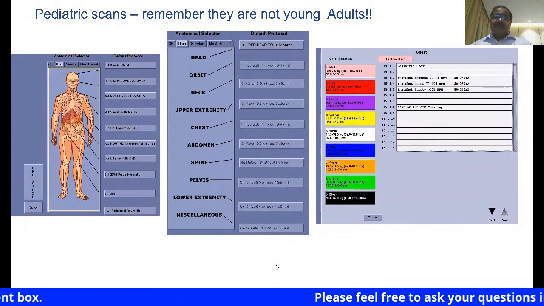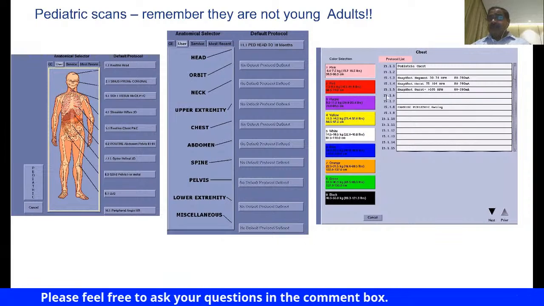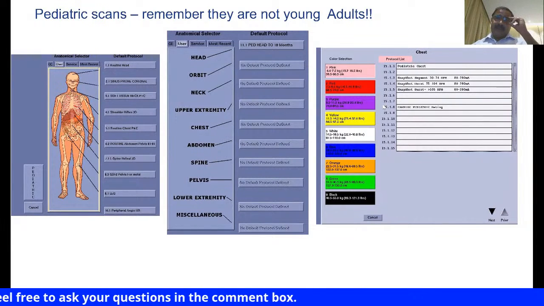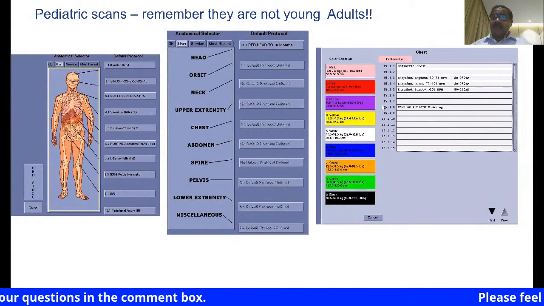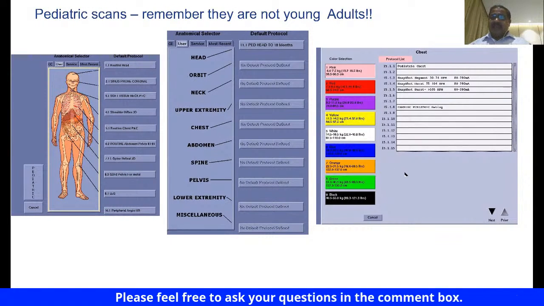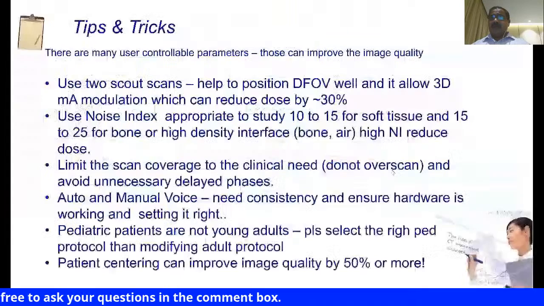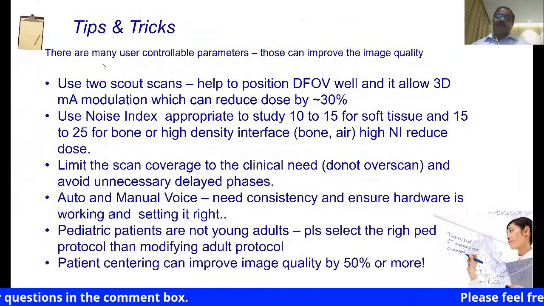So please use the pediatric protocol for doing a pediatric scan. It's not only the kV and mA, but also so many other parameters within the scanner, like the bow tie filter, the scan field of view, reconstruction, slice thickness, etc., that are determined by the appropriate protocol selection. And again to remind you, pediatric patients are not young adults.